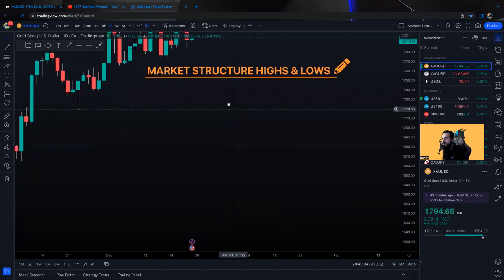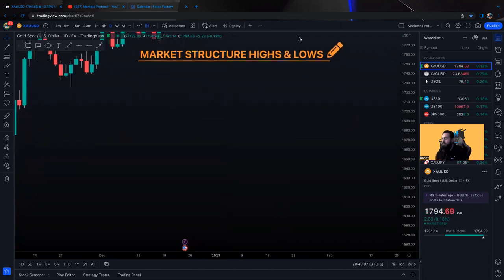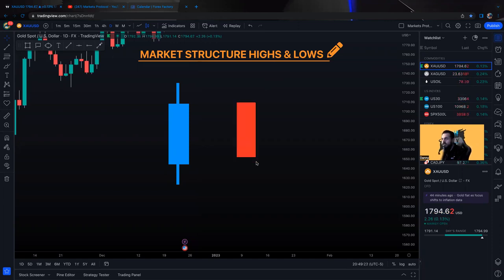First, we will talk about hypothetical examples. Let's talk about a bullish candle. A bullish candle has a body, and then you have a high and a low of that candle. On the other side, a bearish candle also has a high and a low. Now, what is a bullish trend known for?